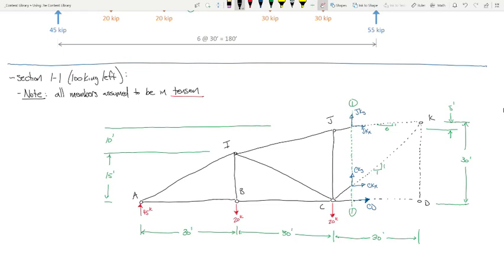I could, but what's the problem if I do that? I have 3 unknown components in the x direction. So I could write an equation of equilibrium, but it really wouldn't tell me anything. All it would tell me is that plus that plus that has got to be 0. It doesn't solve for any one of them, right? So there's no point in doing that right now.